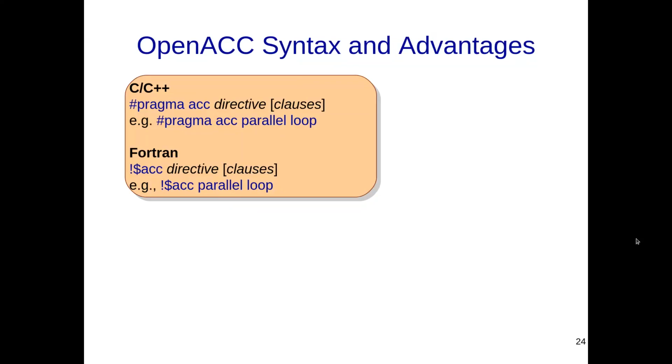We have /* and then /**, and beyond that you can specify @author and so on. These are very specialized comments which allow you to still compile the program even if you don't have support for OpenACC. So you specify the directive and the clauses, and that turns out to be useful in Fortran also.